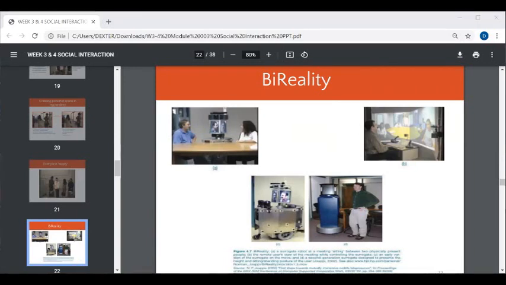Next we have the bi reality. Okay, so bi reality, also known as mutually immersive telepresent, uses a teleoperated robotic surrogate to provide an immersive telepresent system for face-to-face interaction.